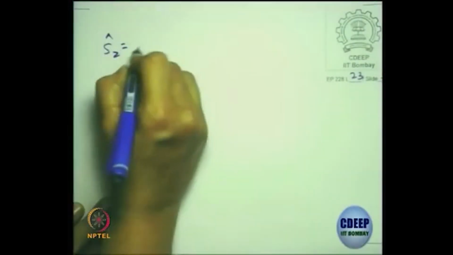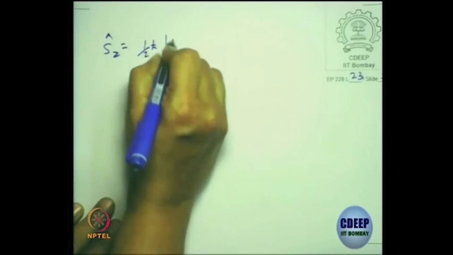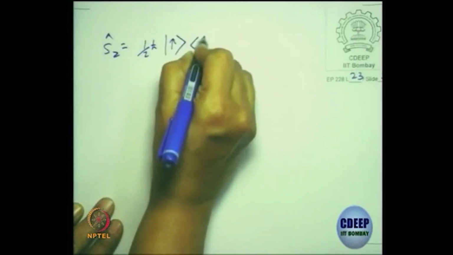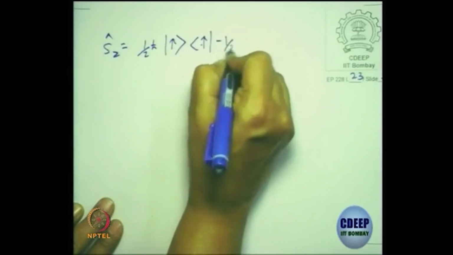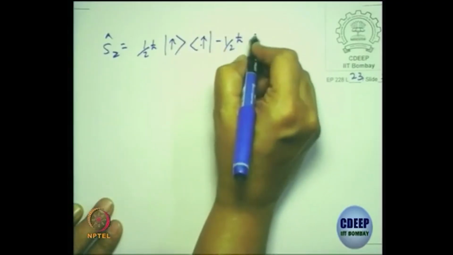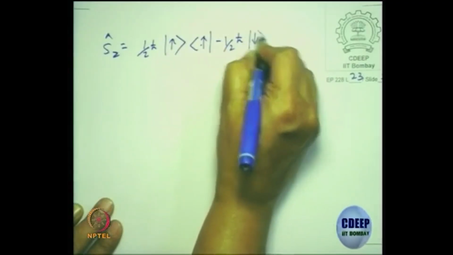Okay, so Sz operator. So there are two. One is operator basis, you can expand. You can write this as half h cross up minus half h cross down, right?